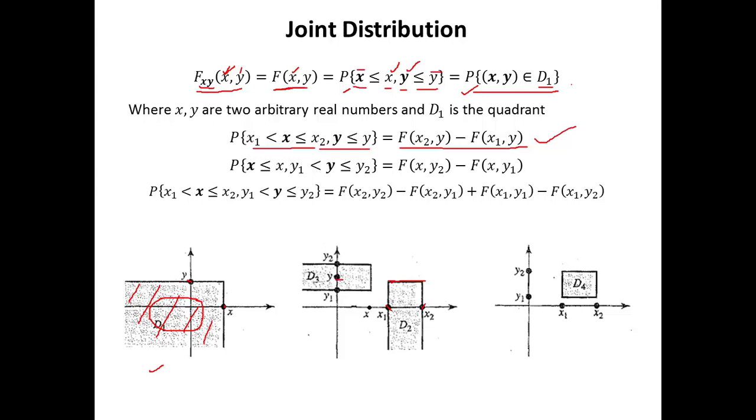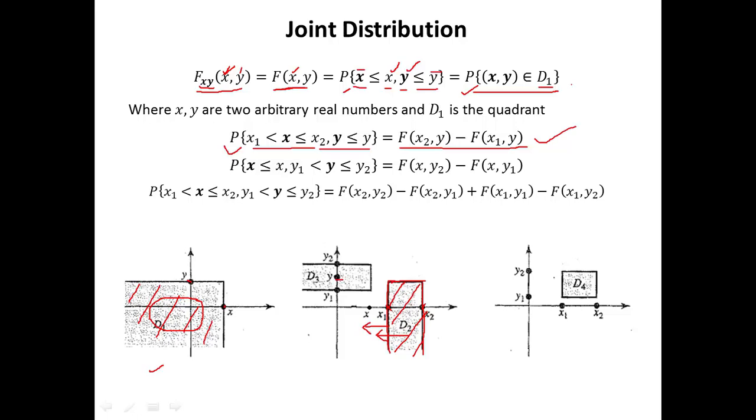Then F(x2, y) means the left hand side of this line up to minus infinity. F(x1, y) means the left hand side of this line up to minus infinity. So if we subtract F(x1, y) from F(x2, y), we are left with this region. So this region defines the region D for this probability.